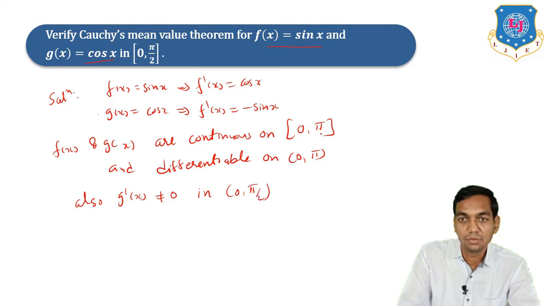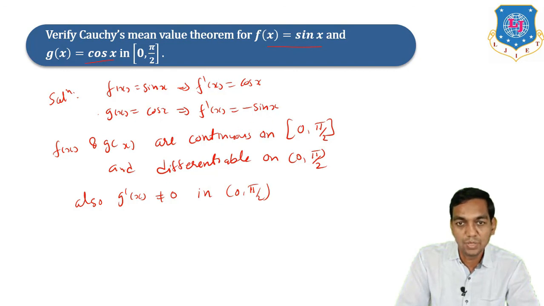Sorry, we are going with pi/2 because the interval is 0 to pi/2. My mistake. Sin 0 has a value 0 and sin pi/2 has a value 1, but 0 is not included here, so it is not 0.